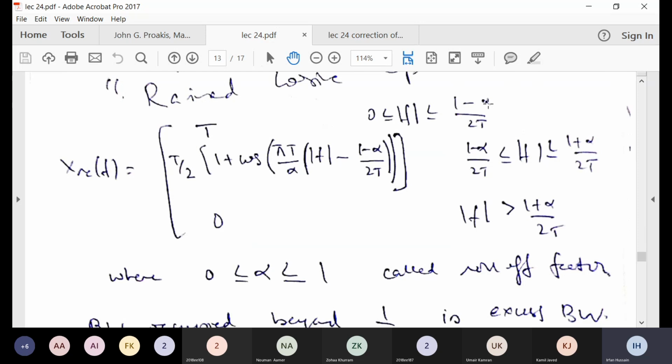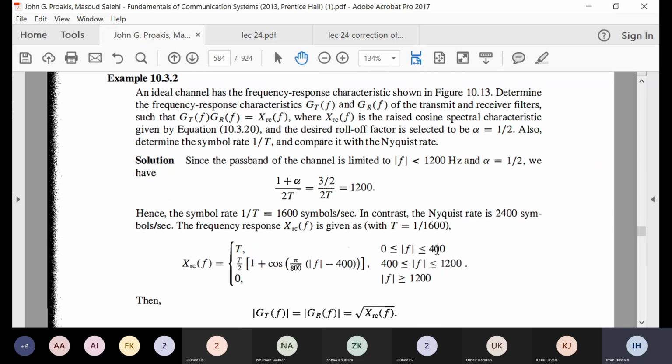So alpha is half, this becomes half, 1 over 4, and 1 over T is 1600 divided by 4, this becomes 400. So that is why here he has put this to be 400. So this becomes 400, 1200, and above 1200, you definitely know this will be 0.